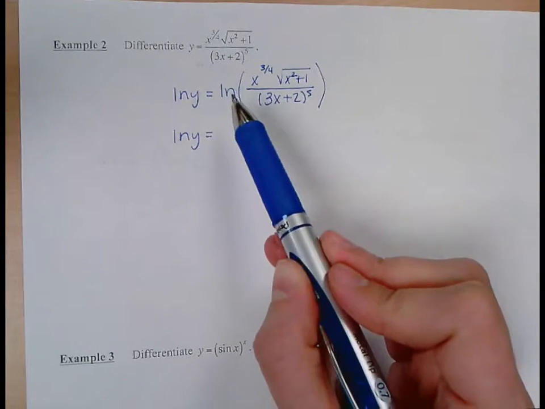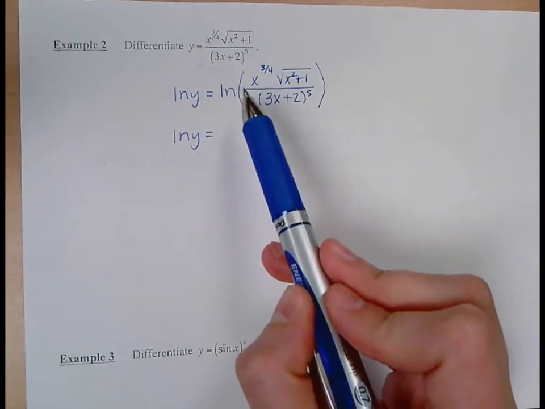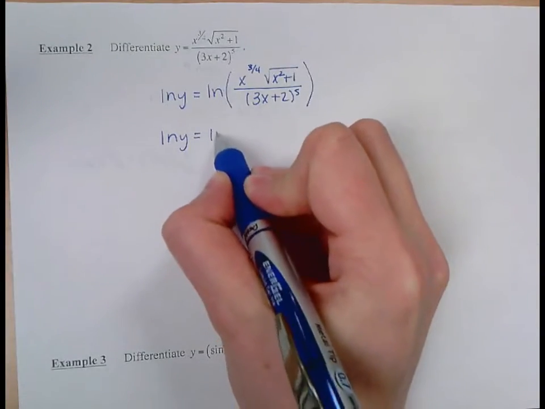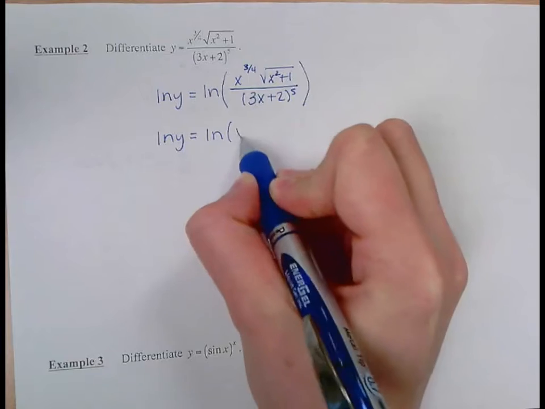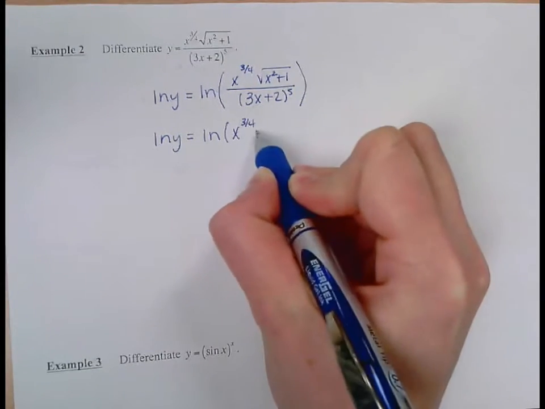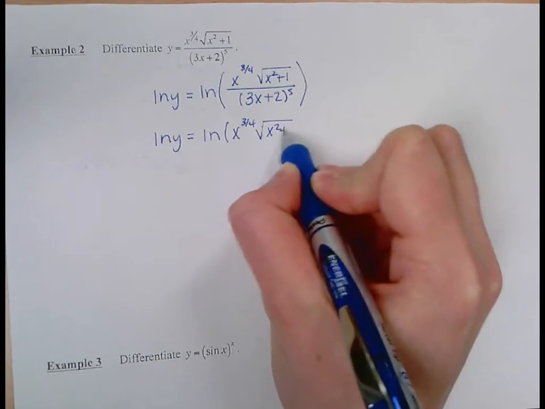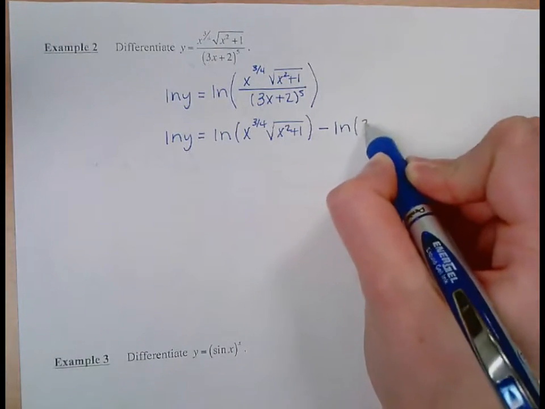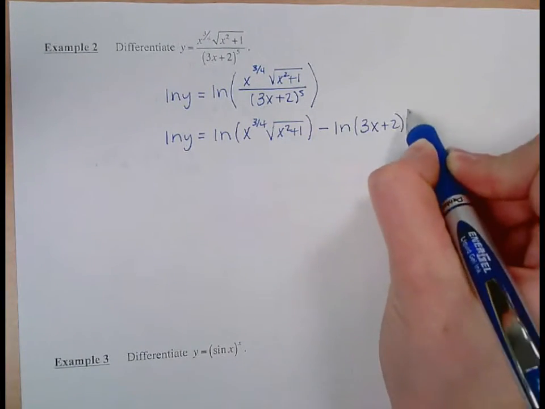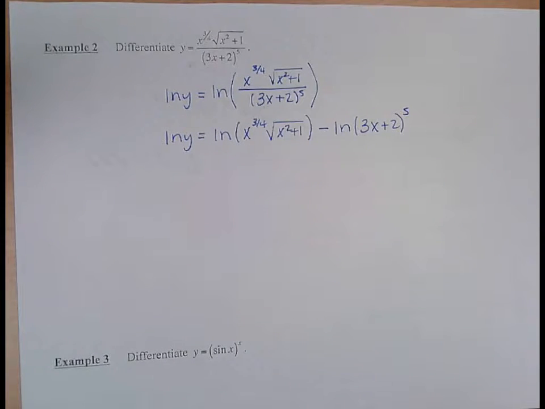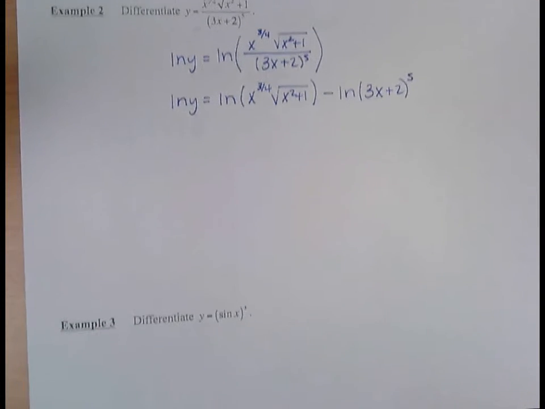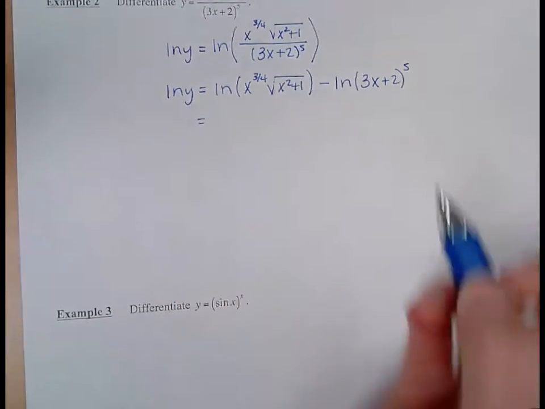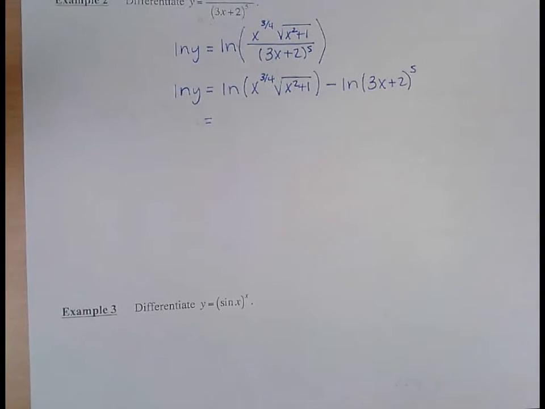So first of all, I see that I have a quotient. So I can rewrite that as the natural log of x to the 3/4 times the square root of x squared plus 1, minus the natural log of 3x plus 2 to the 5th. Okay, I can still simplify.